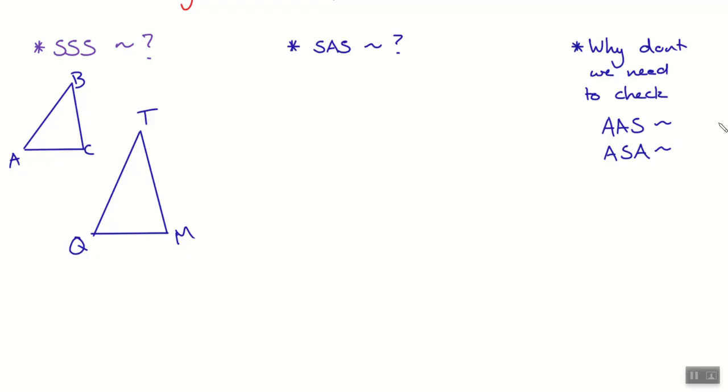How 2 angles. 2 angles. Why on earth would we have marked 2 angles? Because we were checking angle, angle. What are we checking here? So what do you think I should mark? Sides. AB and that side, probably about the same. This side and this side, probably about the same. This side and this side, probably about the same.